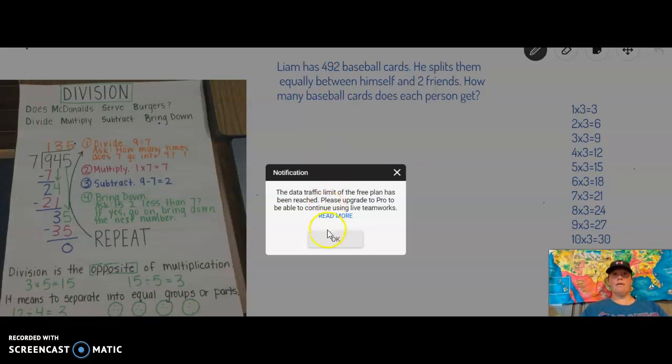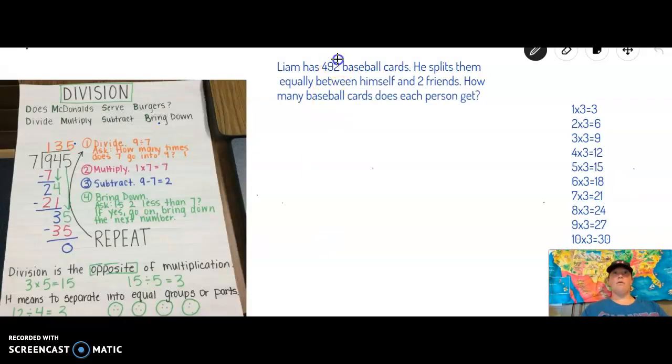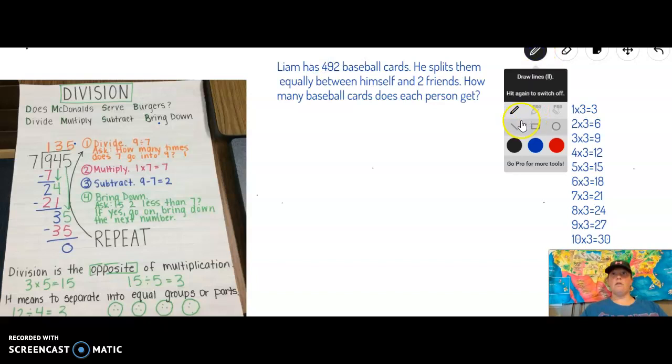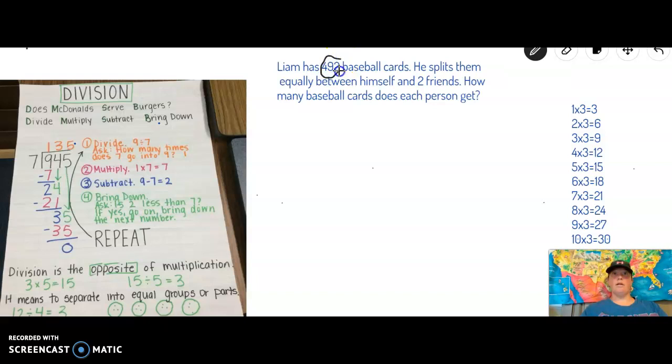Think of your cube method, okay? We have 492. He has his 2 friends, and himself is one other person. Don't let that trick you, because it says he's going to break them up between his friends and himself.